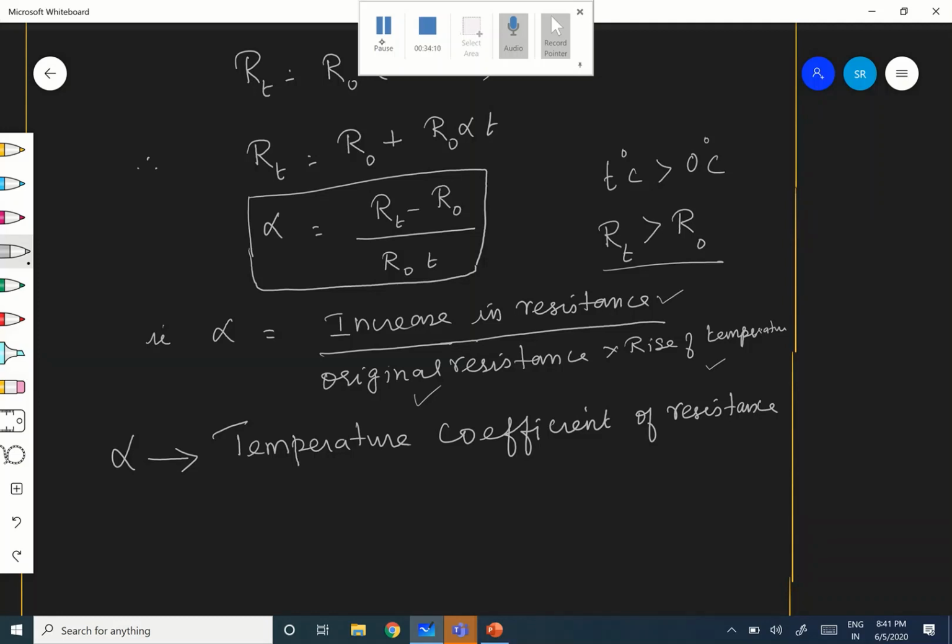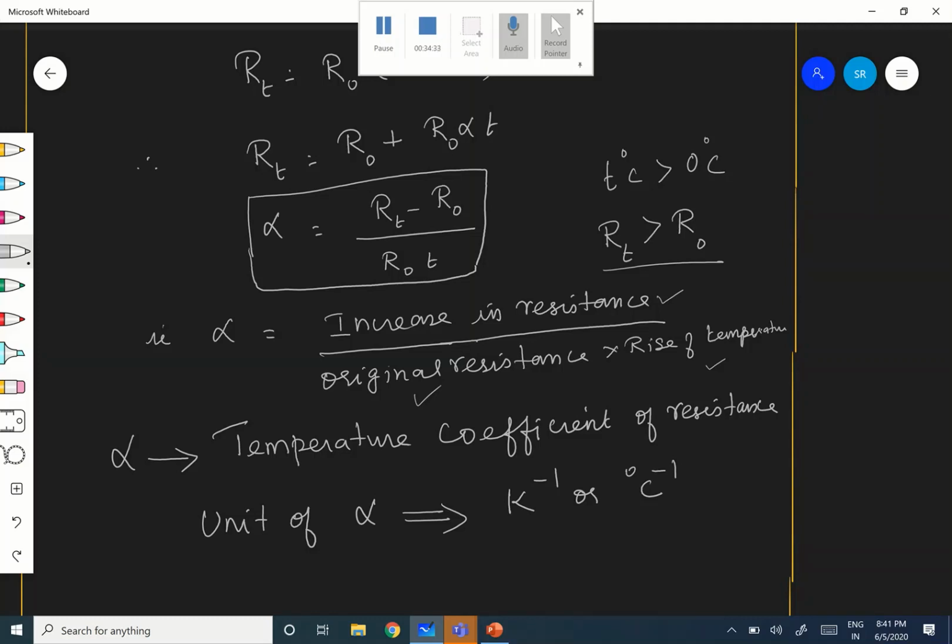What is the unit therefore? The unit of alpha is per degree, therefore you can say per Kelvin in SI unit, or per degree Celsius.